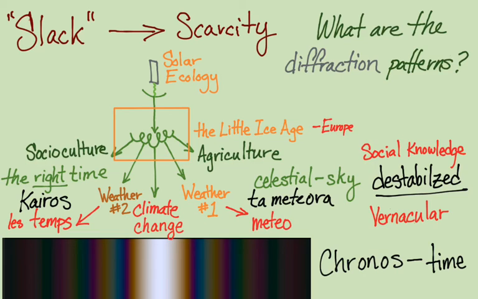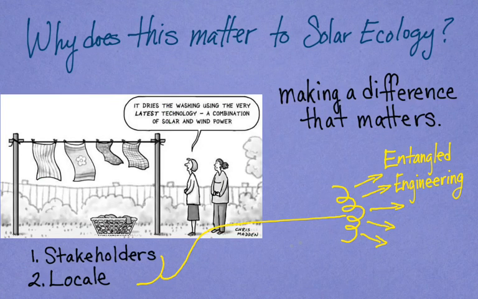Those are also tied to ideas like the right time for action, whereas celestial sky time would be like your watch time, your clock time. So météo and le temps in French, they're all over the place, okay? So the idea here is that patterns tied to effectiveness are going to be necessary as we move forward.